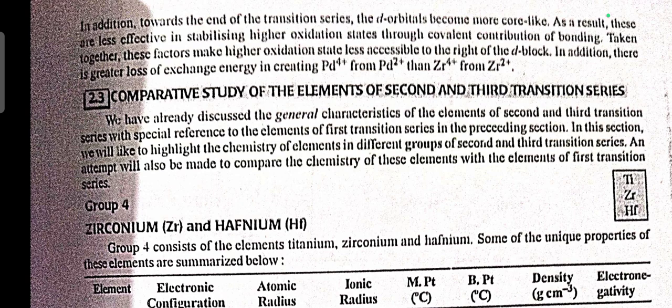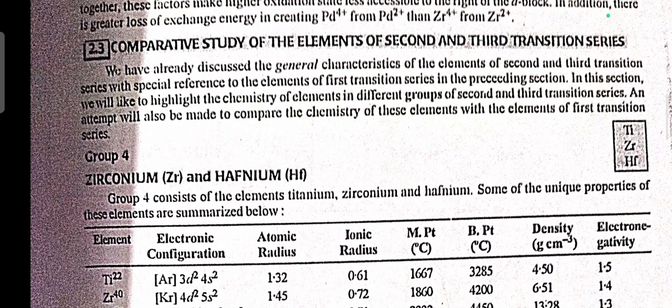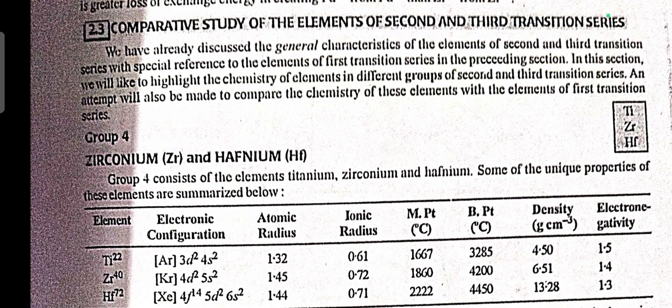As a result, these are less effective in stabilizing higher oxidation states through covalent contribution to bonding. Taken together, these factors make higher oxidation states less accessible to the right of the d block. In addition, there is a great loss of exchange energy in creating Pd⁴⁺ from Pd²⁺, and Zr⁴⁺ from Zr²⁺.